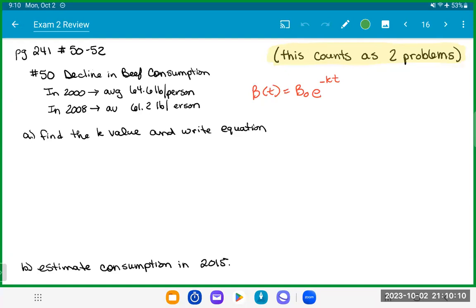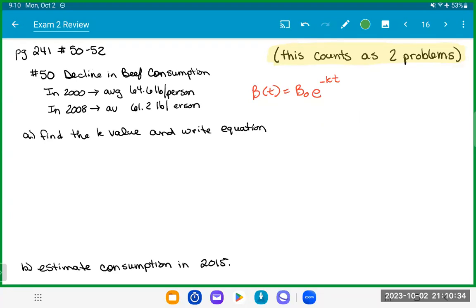Okay. So I've given you the formula here, which is B of t is equal to our initial beef consumption, right? So this could be the same as population P naught e to the negative kt, right? It doesn't matter. I just chose B because it is beef consumption. Okay.